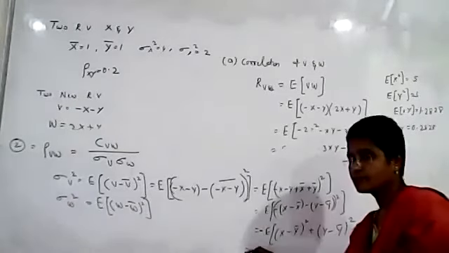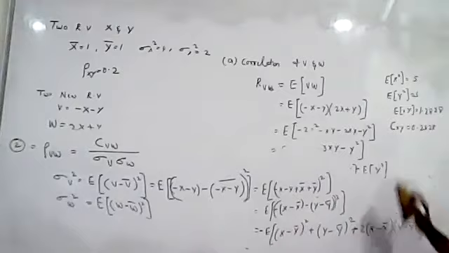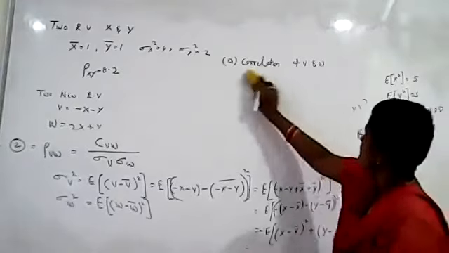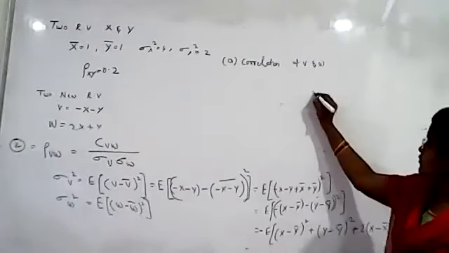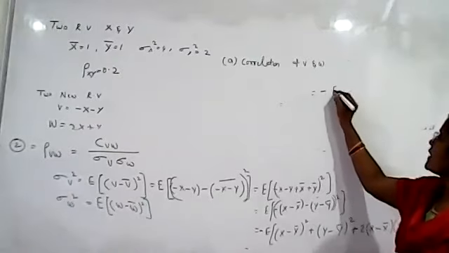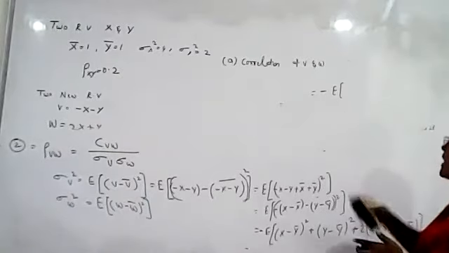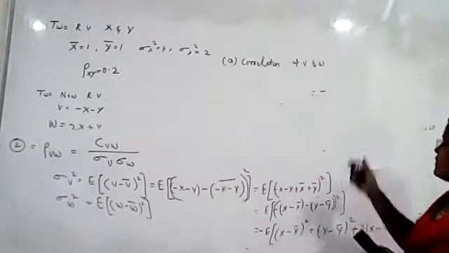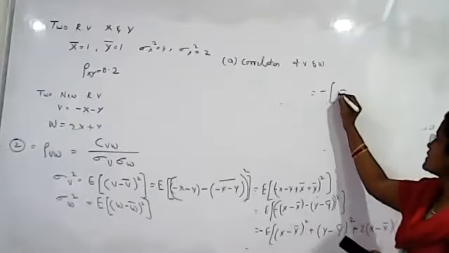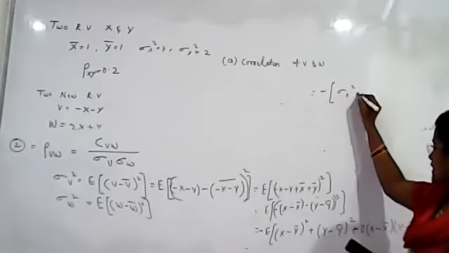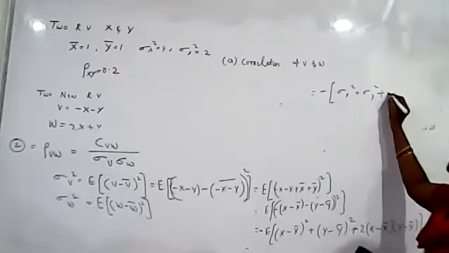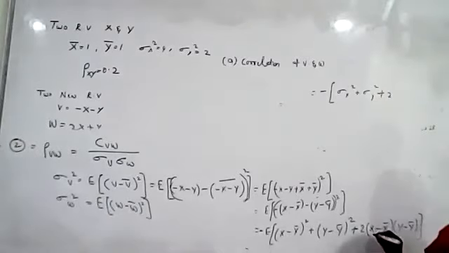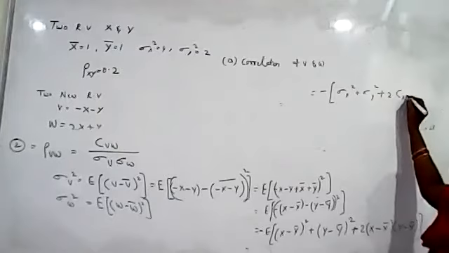So what is this? It is equal to expected value of x minus x bar square, which is sigma x square, plus y minus y bar square, which is sigma y square, plus 2 times expected value of x minus x bar, y minus y bar, which is Cxy.